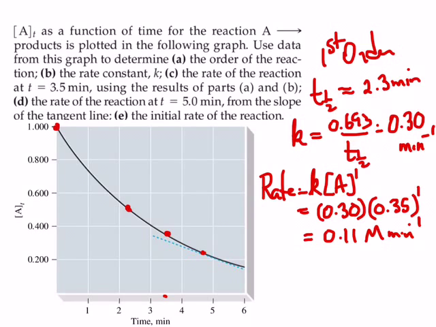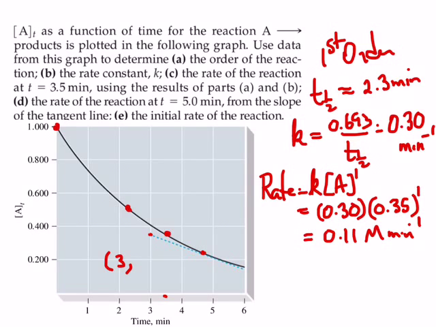The other way to find rate is to use the slope of a tangent line on a graph of concentration versus time. So at 5 minutes, they've drawn us a tangent line, so we just need to find the slope of that tangent line. There's a point over here. That point's coordinates look to be 3, well, again, it's bigger than 0.3.